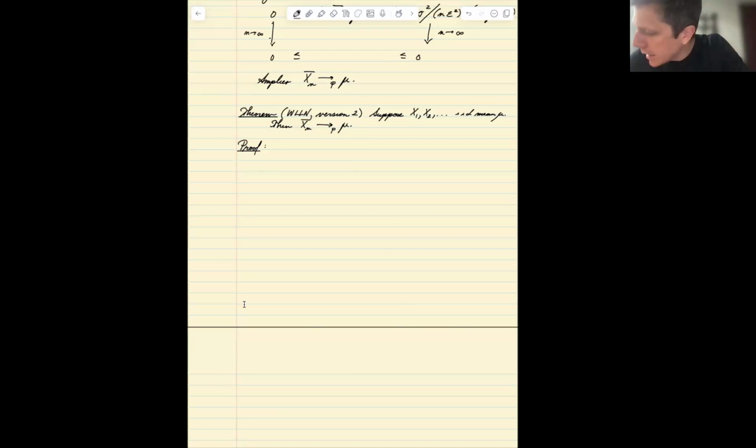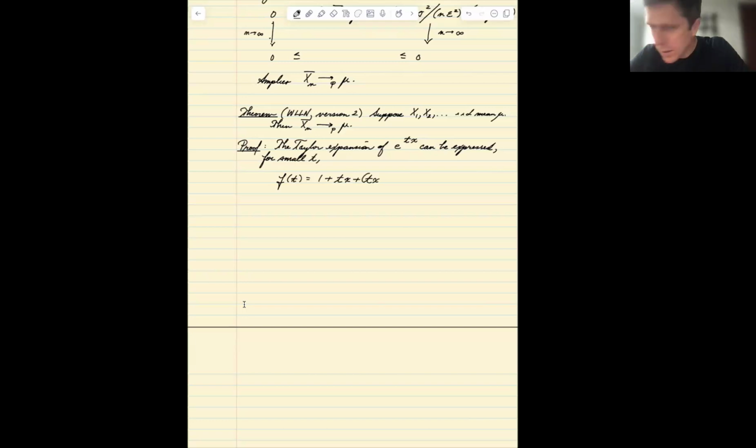Okay, so in this case, let's note that the Taylor expansion of e to the tX can be expressed, for small t, as 1 plus tX plus (tX) squared over 2 plus some higher order terms that go to 0 faster than t squared as t gets smaller and smaller.